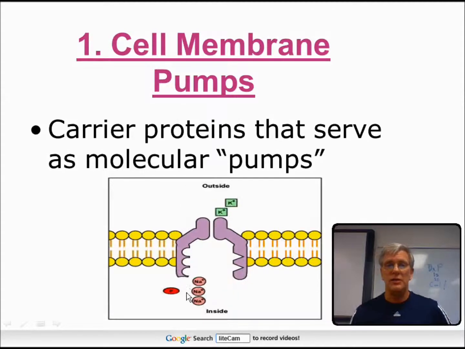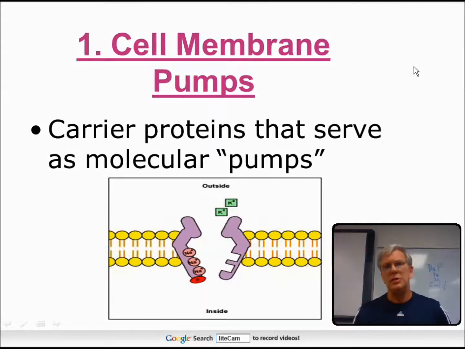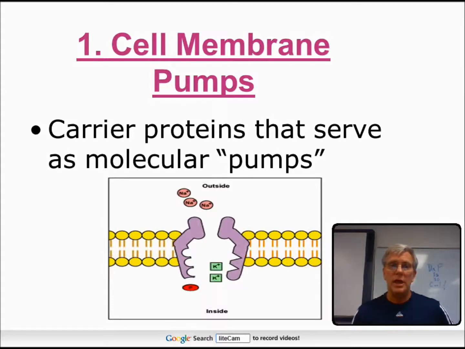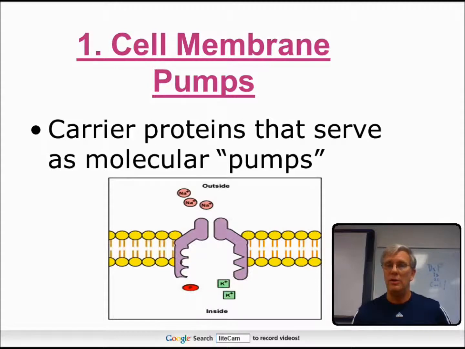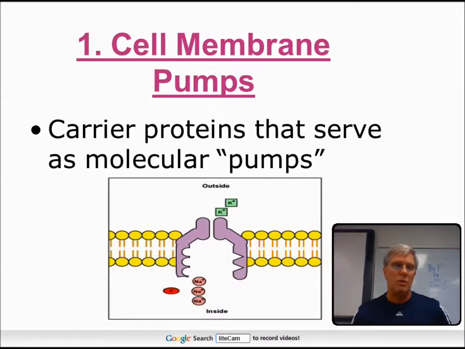That's this little phosphate here, a phosphate coming off of ATP that provides the energy for these pumps to work. One of the things that you'll see with active transport is that equilibrium is not the end result. Molecules can be completely pumped from one side of the membrane to the other, leaving almost none on one side and a great concentration on the other.